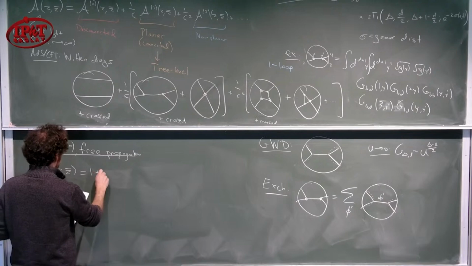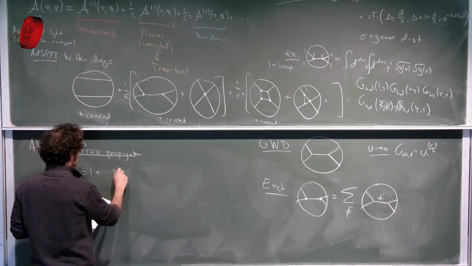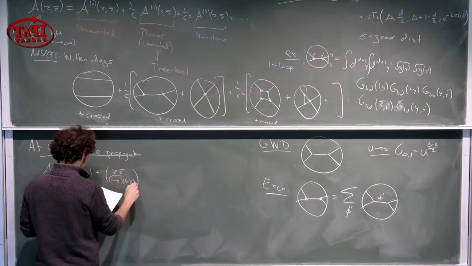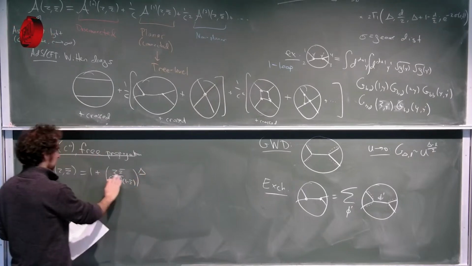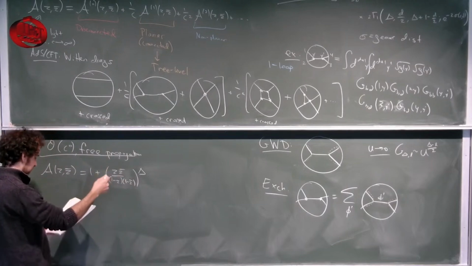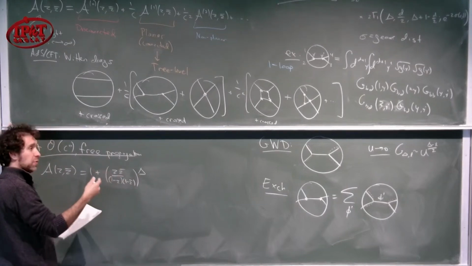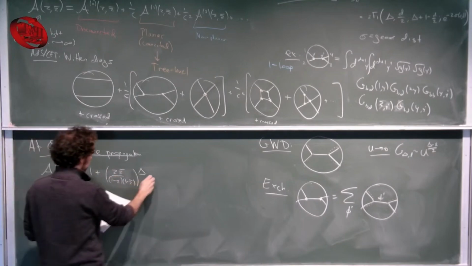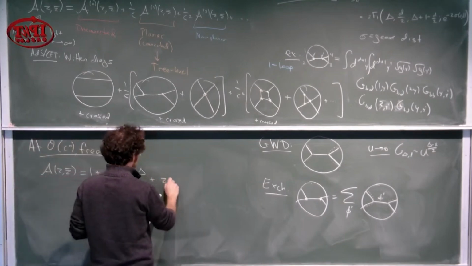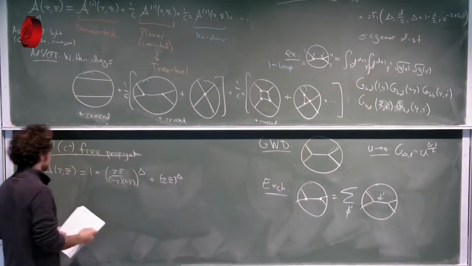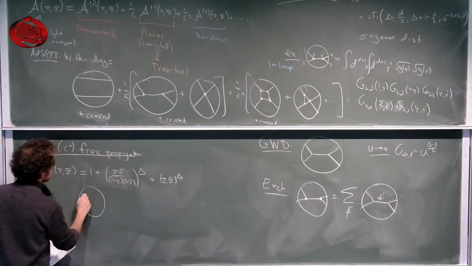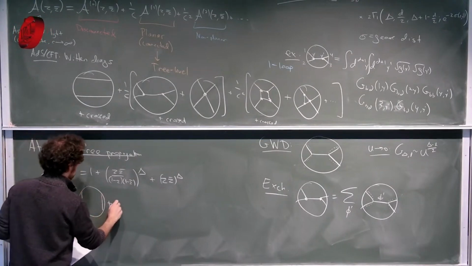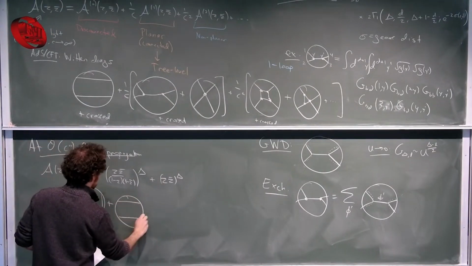So this thing, 1 for the S channel, plus this for the T channel, which is just 1 over x14 to the 2 delta, x23 to the 2 delta, with the leg factor stripped off, written in terms of cross ratios, and then plus the U channel term, u bar to the delta.